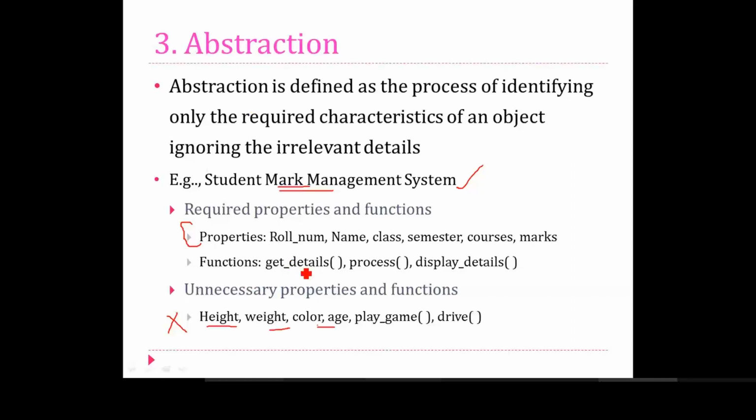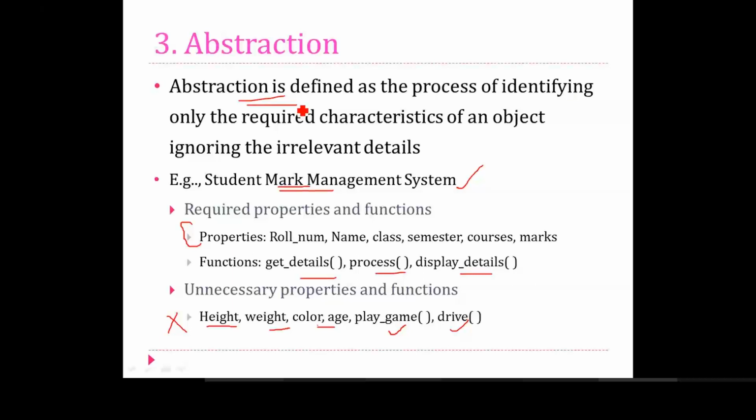Similarly, functions like get details, process and display details are essential for the student mark processing system. Some other functions are also available for students like play, game, drive, etc., but these functions are irrelevant for this application. That's why concentrating only on essential attributes and leaving away unnecessary properties is called abstraction.